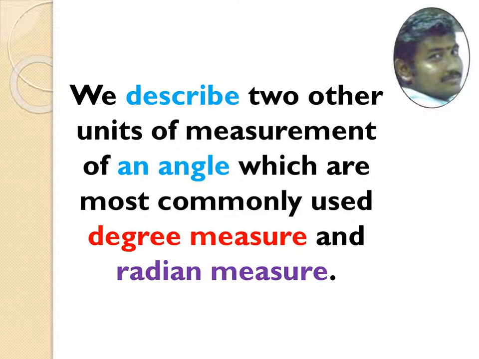We describe two other units of measurement of an angle which are most commonly used: degree measure and radian measure. Degree measure we already studied, but radian measure we do not know. We will discuss both.